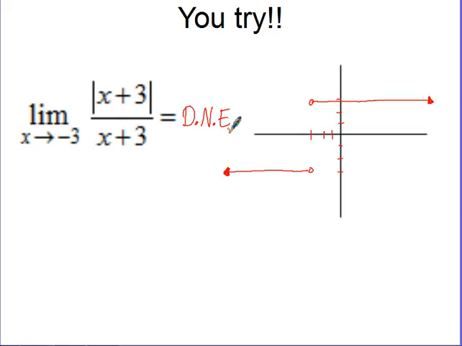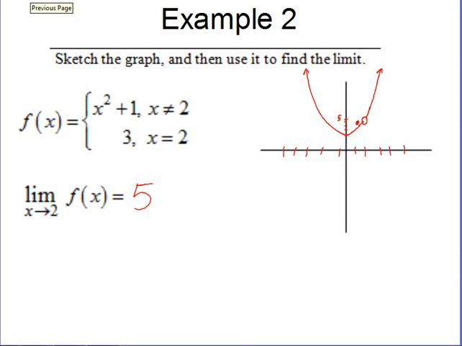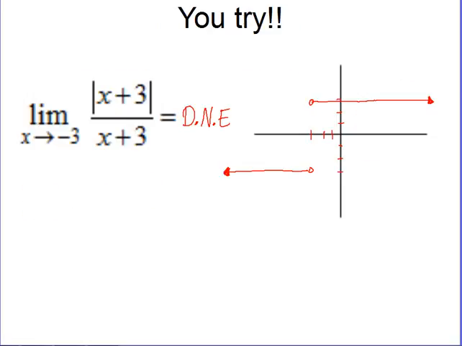Okay, like on the last one. On the last example, as I approached 2, my fingers met at 5. Okay? So here, the problem is, from the left and from the right, they're not going towards the same value. And remember, that's what a limit does, is what value is it trending to.